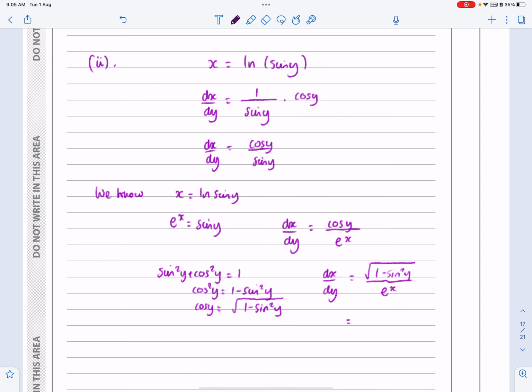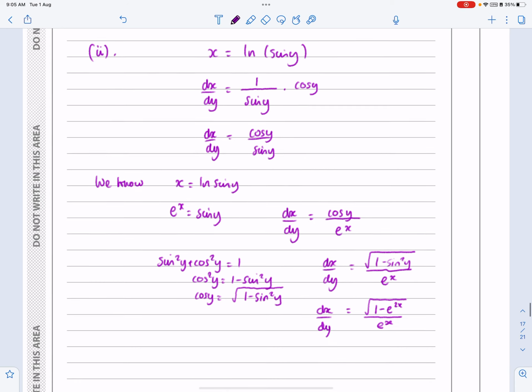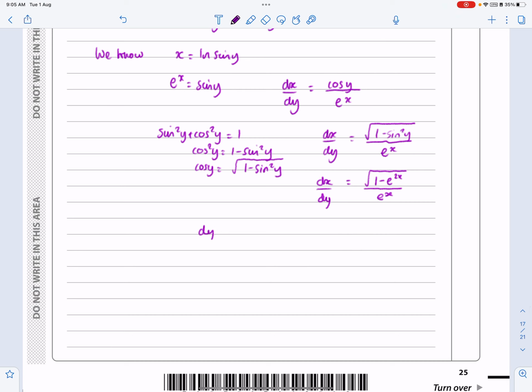And then again, we can put in the fact that sine y is e to the x. So we've got 1 minus e to the x times e to the x, well that's e to the 2x, all over e to the x. Then I've been waiting right to this stage to say, yeah, but I want dy by dx, not dx by dy.